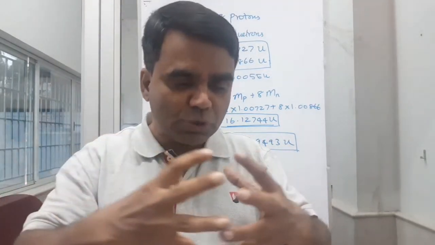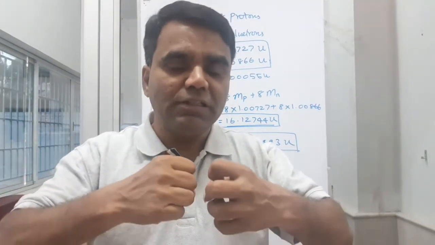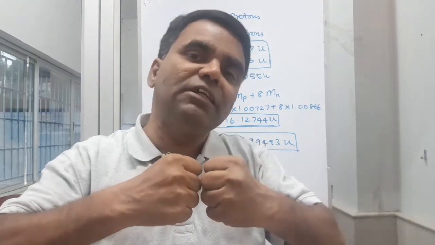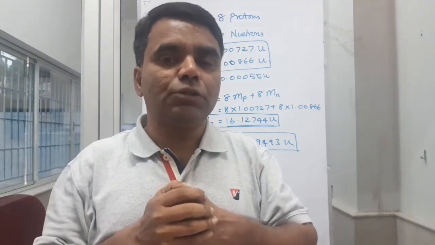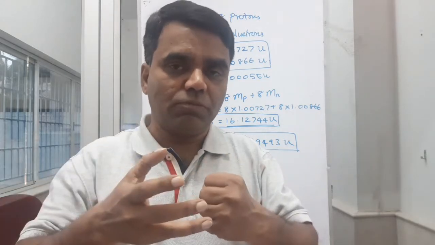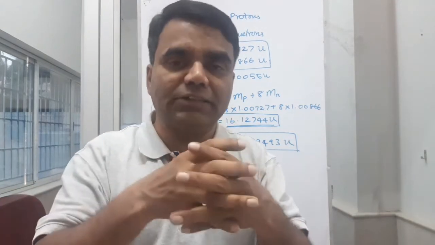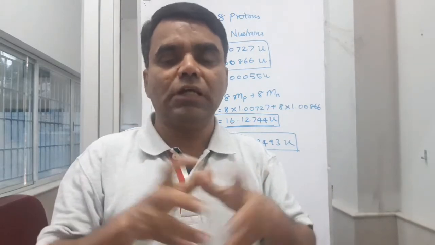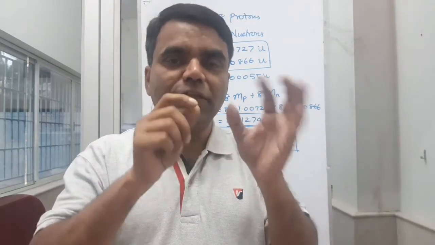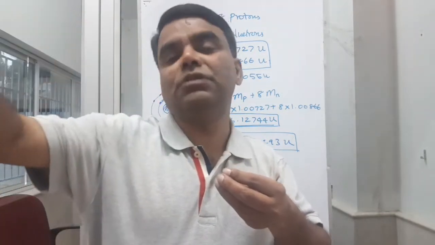So when you fuse them together, there is an energy release from that process. That energy has to come from the mass of the protons and the neutrons. A part of the protons and neutrons is getting converted into energy.